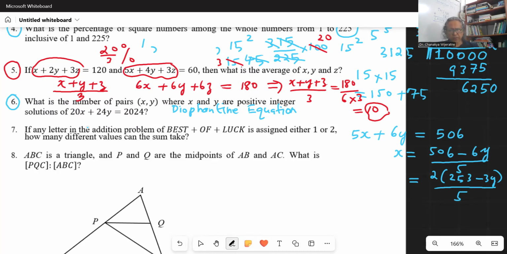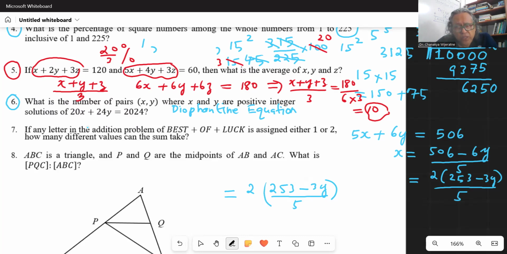Now 2 and 5 are relatively prime. That means 5 has to divide 253 minus 3y. I'm going to do this without using modular arithmetic.